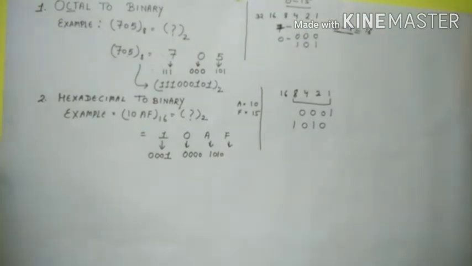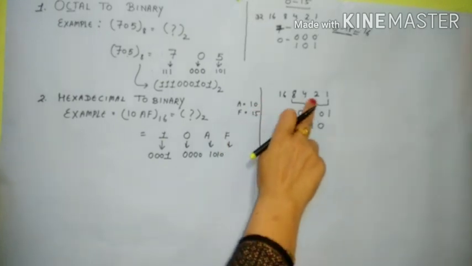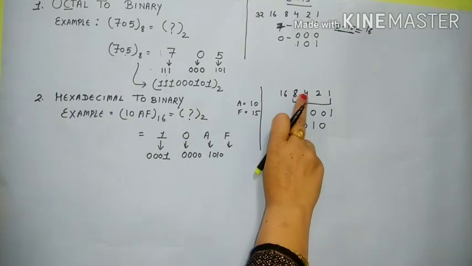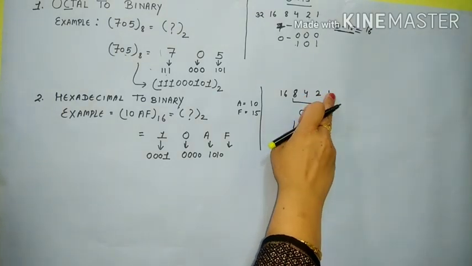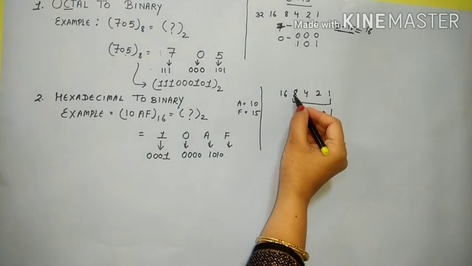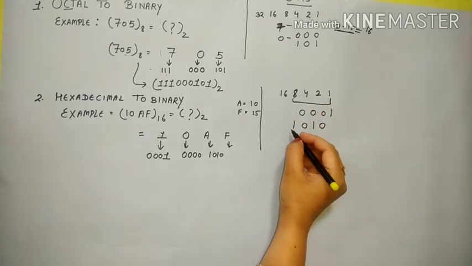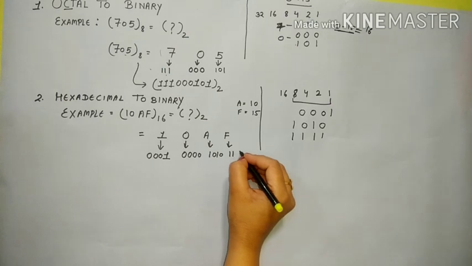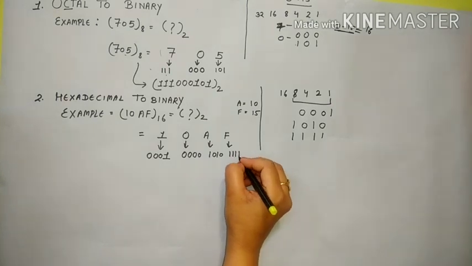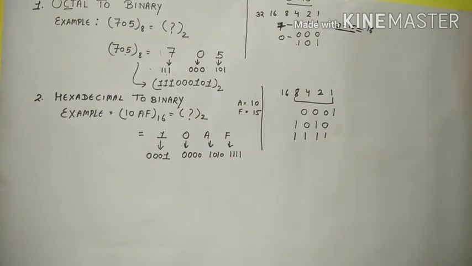Same way for F. F is 15. How come we can get 15 here? 8 plus 4, 12, 13, 14, 15. So we can get 15 by putting all the bits as 1: 1, 1, 1, 1. So here, what will be the 4-bit binary representation for F? 4 times 1.